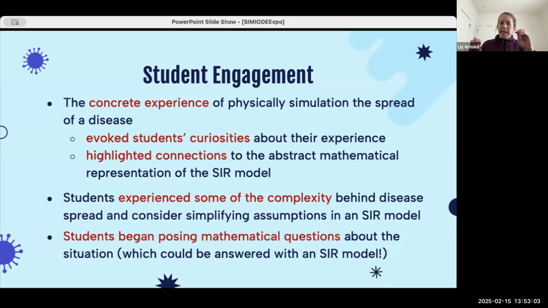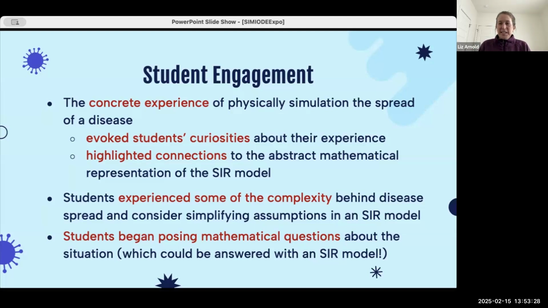That helped them make connections between the simulations and what they experienced to the parameter values of the SIR model, why it's a system of differential equations, all of the components of the differential equations, and really what those parameters actually mean. And so through this experience, they experience some of the complexity and the biological processes behind disease spread.